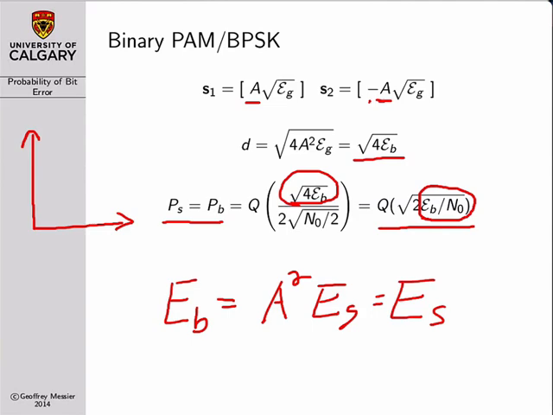And on the y-axis, we have the probability of bit error, usually on a log scale. On the x-axis, we have EB over N naught, usually in dB, and the curve looks something like that. And so in our next slides also, we're going to be trying to get our final expression in terms of EB over N naught.